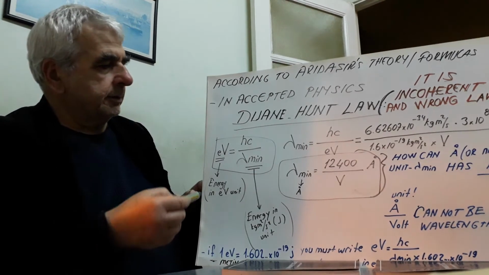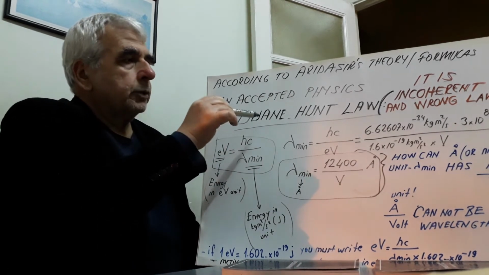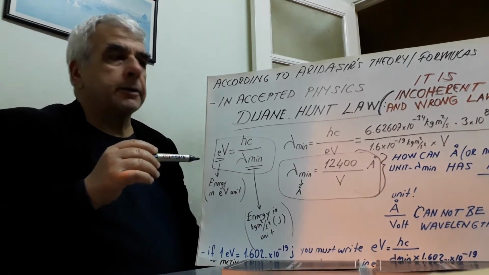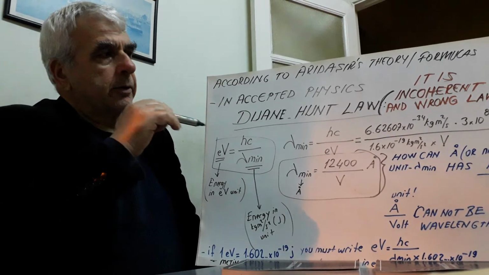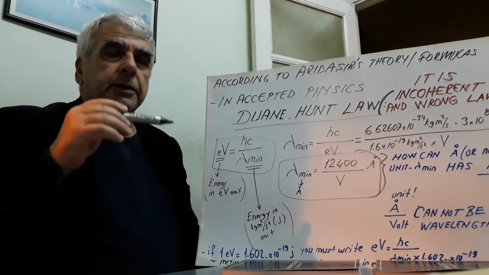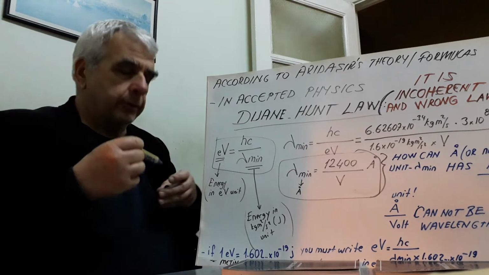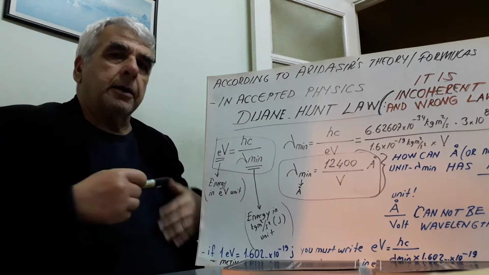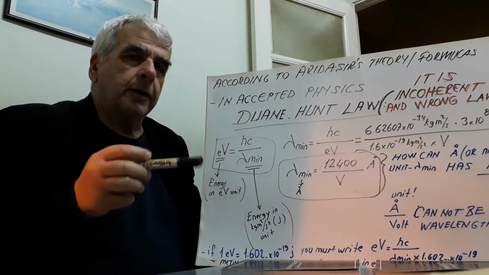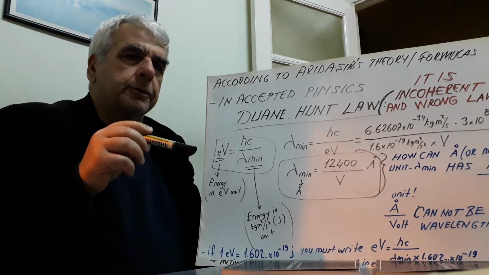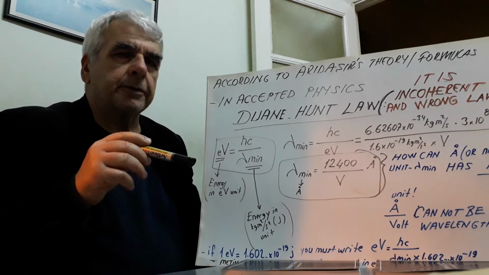And another contradiction is that unit problem. The Duane-Hunt Law has an incoherent unit problem. This is the clue of what I have put forth: electron volt cannot be an energy unit.